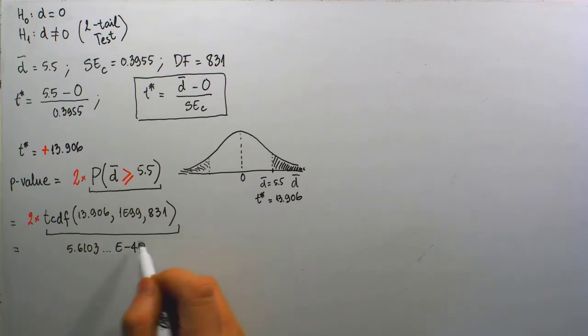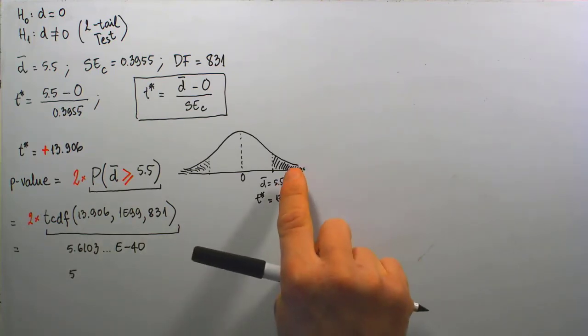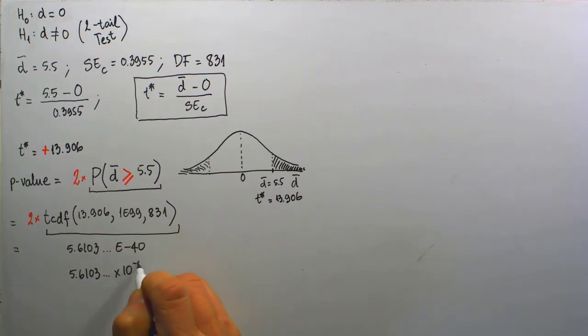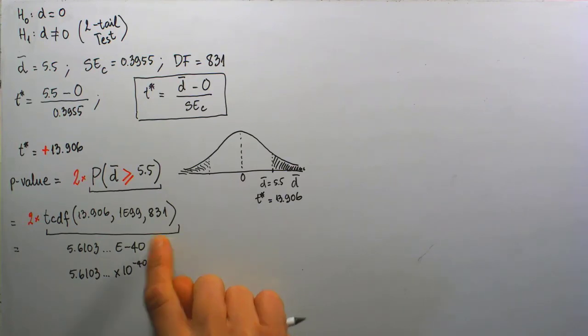This numerical expression means our answer for that small area on one side is simply 5.6103 and a lot longer times 10 to the minus 40. This is the way a lot of calculators indicate scientific notation.